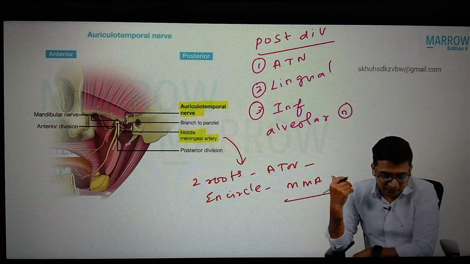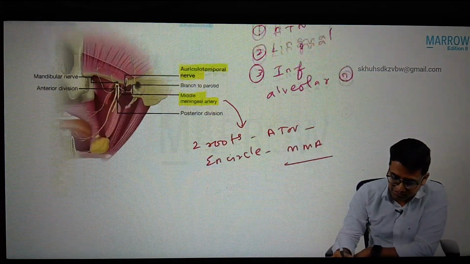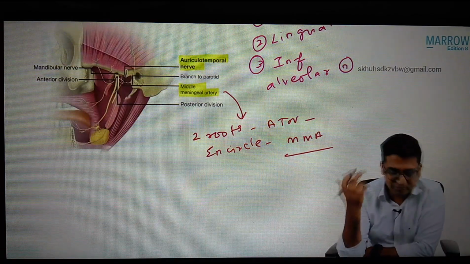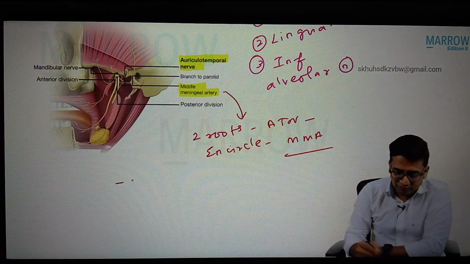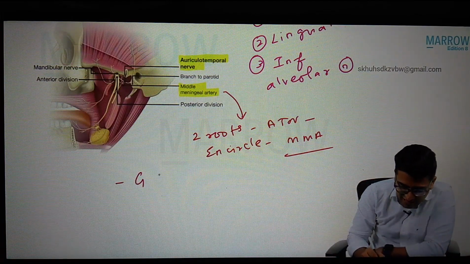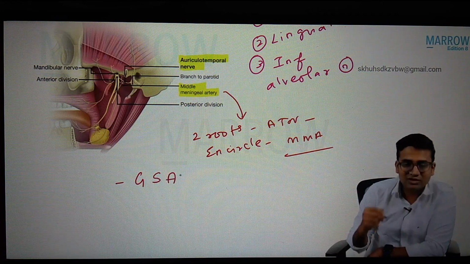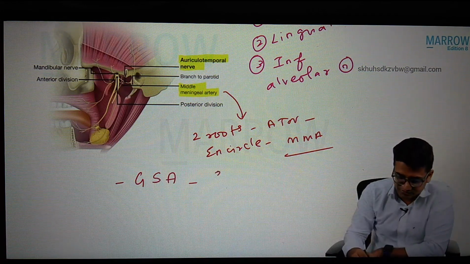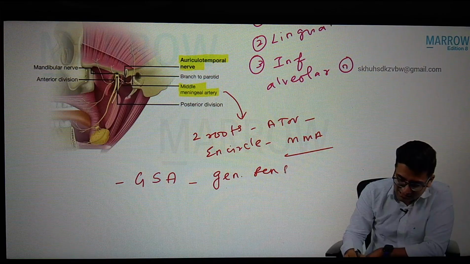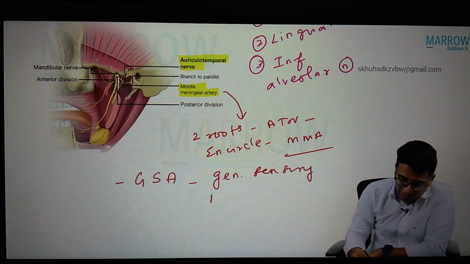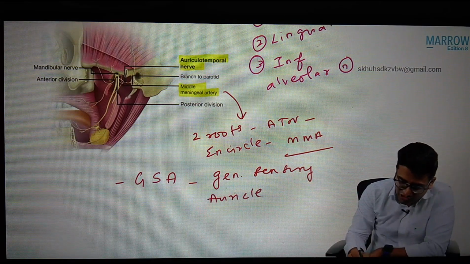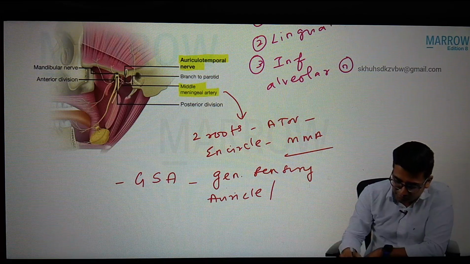Okay, and then the auriculotemporal nerve carries 2 types of fibers. Auriculotemporal nerve carries general somatic afferent, general sensory fibers from the temple and the adjoining area of the auricle.